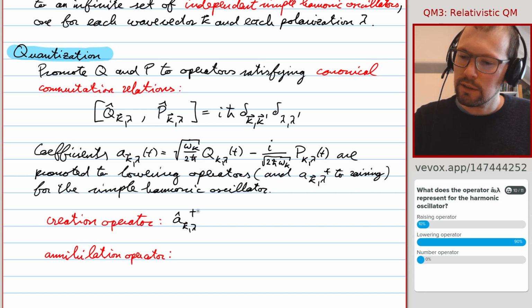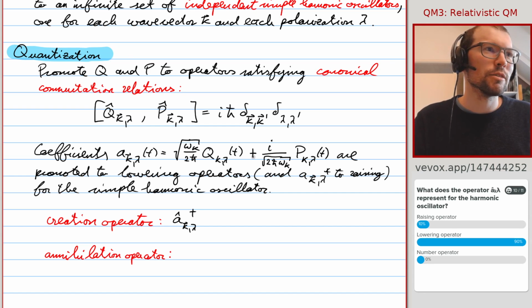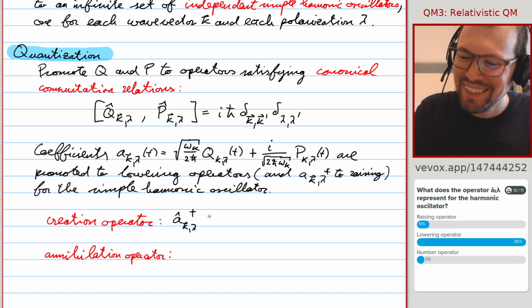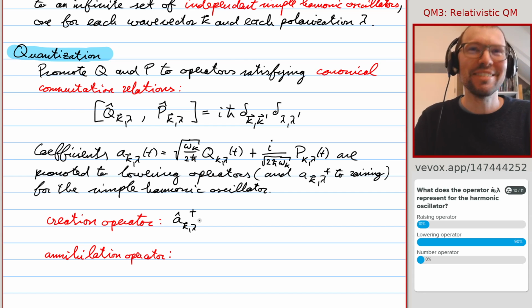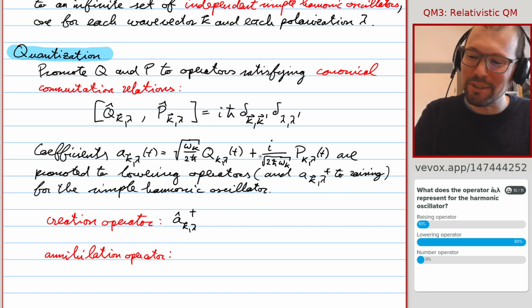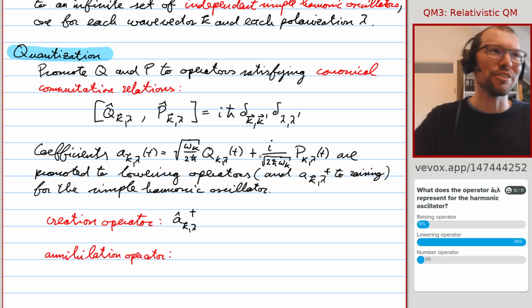Wait a sec. I think this should be a plus. So there was one person who actually answered correctly given my mistake, and that was the raising operator. What I wrote down was indeed the expression for the raising operator. But if I have a plus there, then it's really the lowering operator.